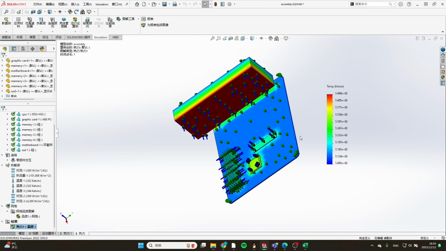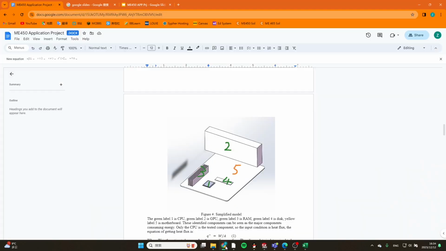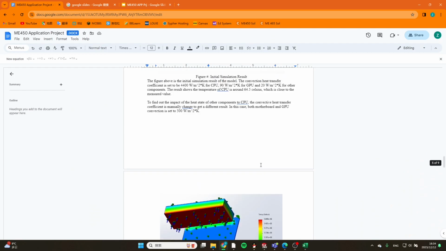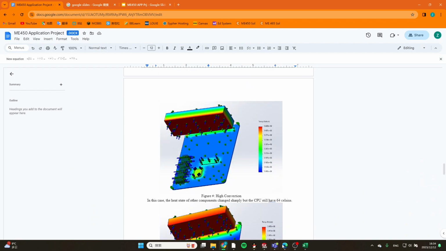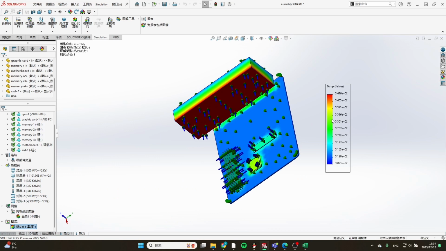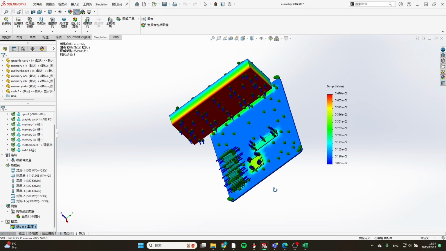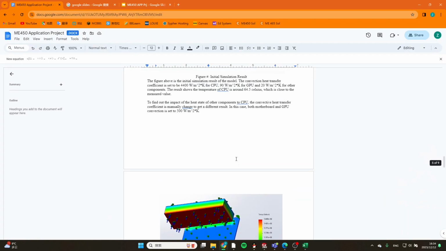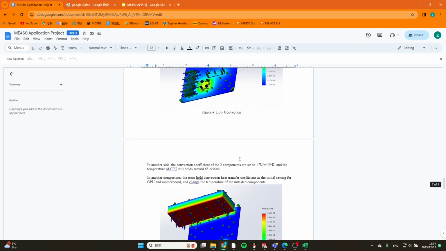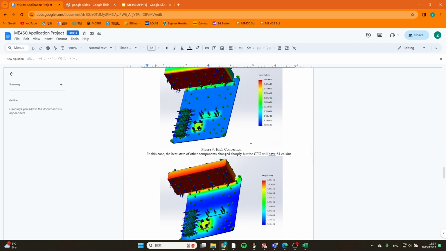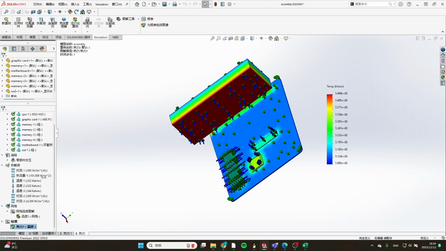So green bar up here, green a little bit yellow up here. The result should be the same as this one. It's very close to 336, 337 Kelvin. And after conversion, it's around 64 Celsius. To save time, I'll skip the one with only 1 watt per meter square Kelvin.